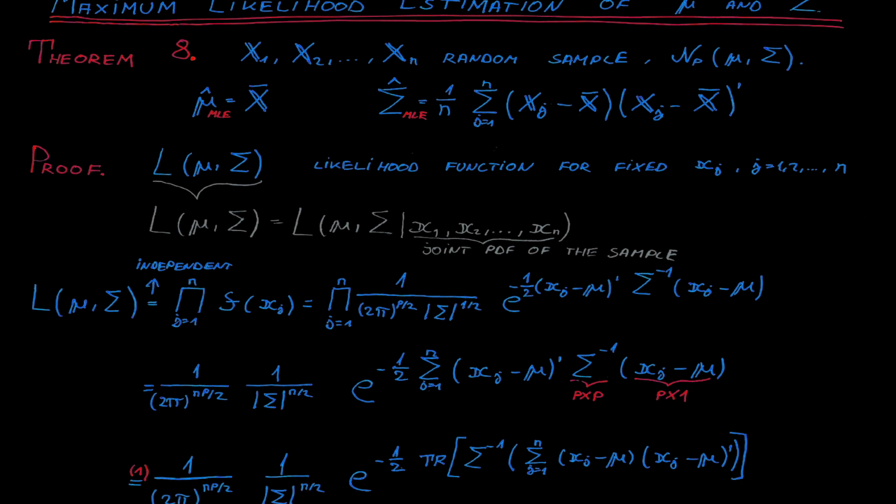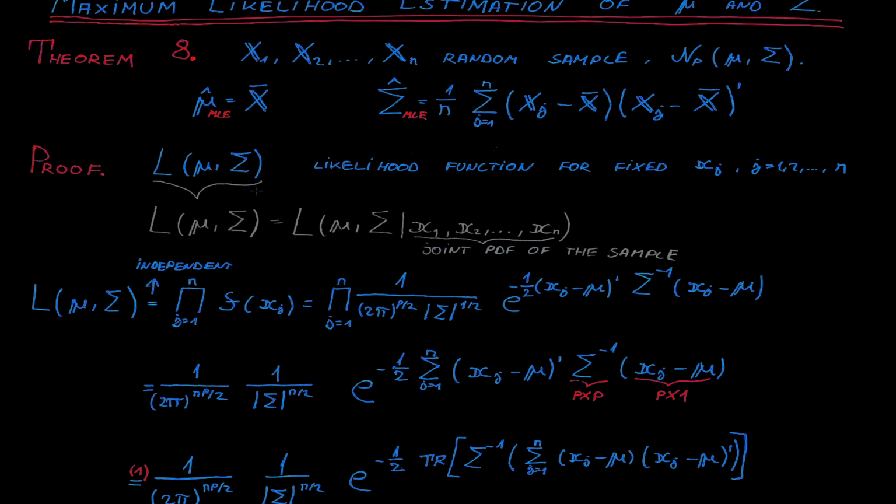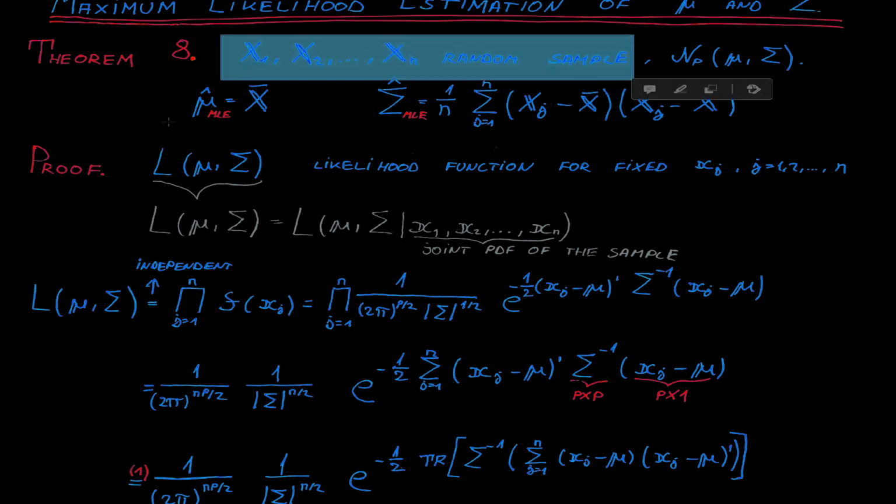Well, we need to maximize the likelihood function. Okay, what is the likelihood function? It is this function L that is defined to be the joint probability density function of the random sample when you look at this L as a function of those random vectors. When it is a function of those vectors, then it is a joint probability density function of the sample.